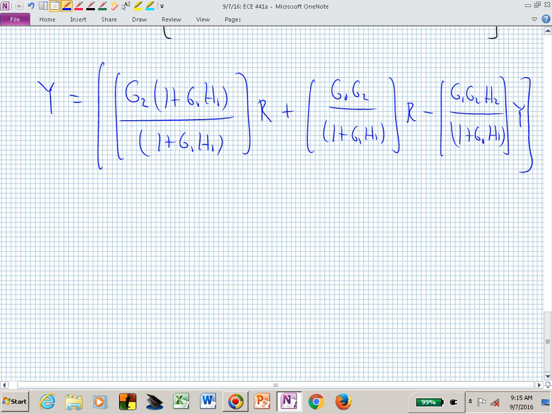I'm trying to do the algebra so that I can isolate the Y terms on one side and the R terms on the other. Let me now clear that denominator by multiplying both sides by the expression 1 plus G1H1. So that now upstairs, let me combine all of the terms that multiply R. I have G2 plus this term, which is G1, G2.